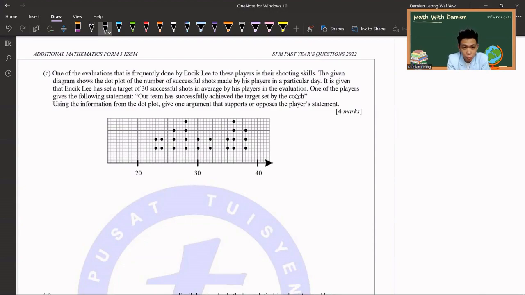So, they say 30 successful shots on average. So, when we look at average, we would generally look at the measures of central tendency, either mean, mode, or median.